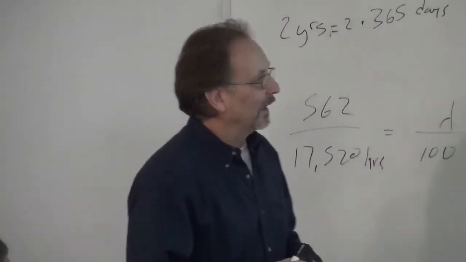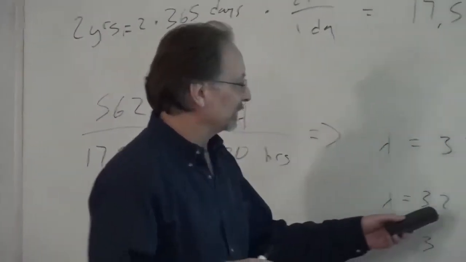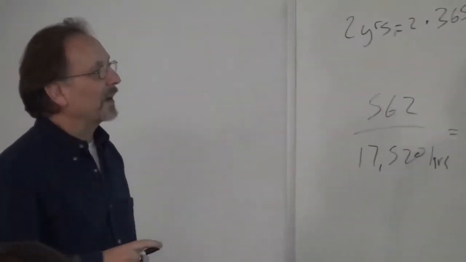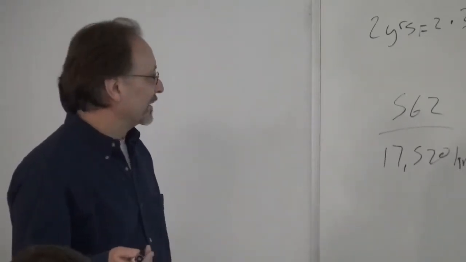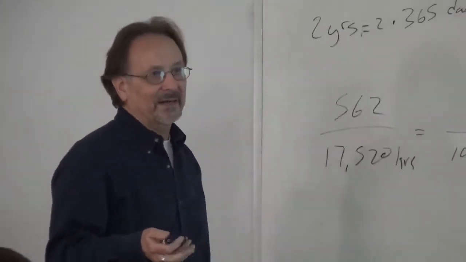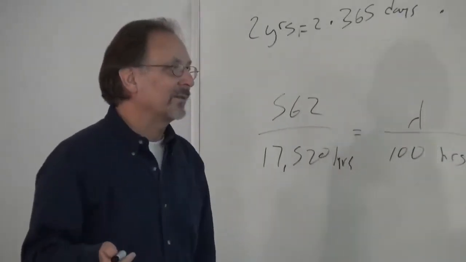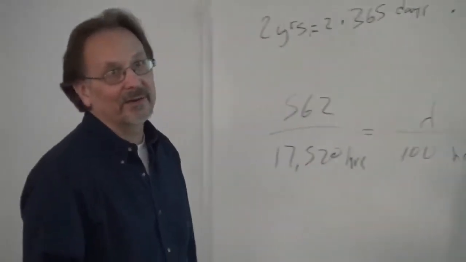So if we take our occurrence per 100 hours, it's 3.2 occurrences. Let's say that we measured the failure rate over 2 years, and it fails 3.2 times every 100 hours.